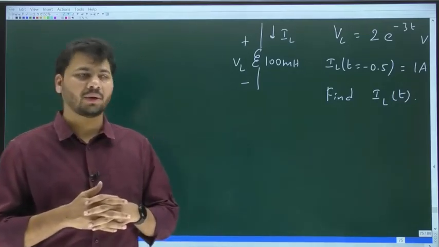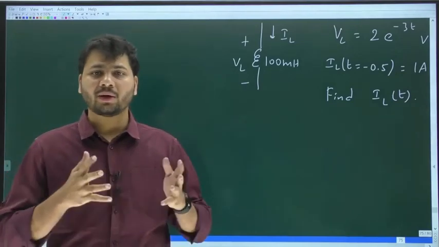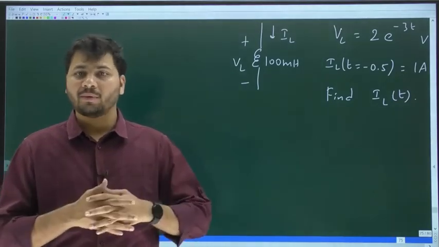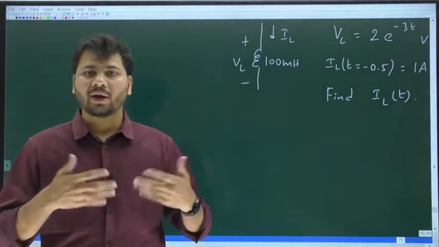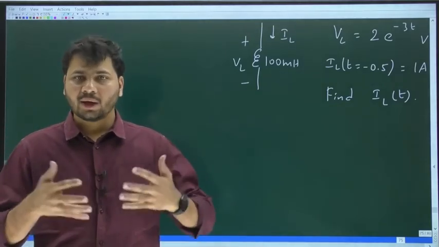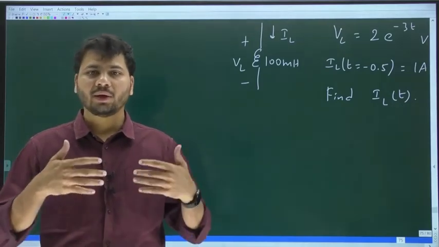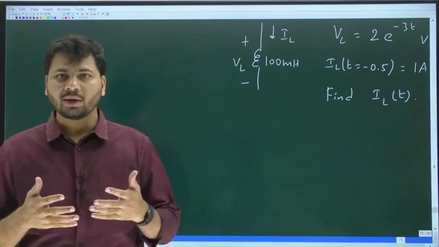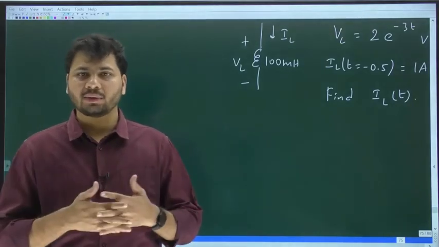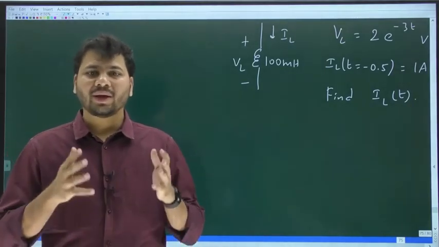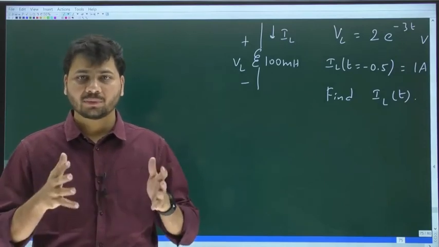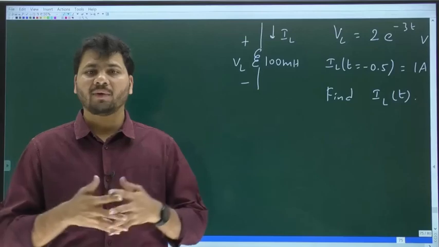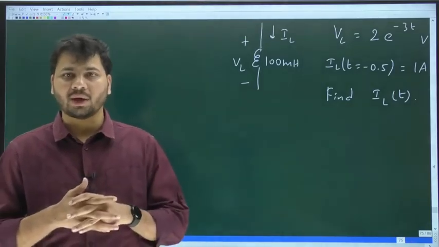When it comes to the inductor, the current will remain constant. For any inductor, if the current remains constant, then the voltage across the inductor has to be zero. Again, if the circuit is at DC steady state, then each and every inductor in that circuit will behave like a short circuit. Why a short circuit?